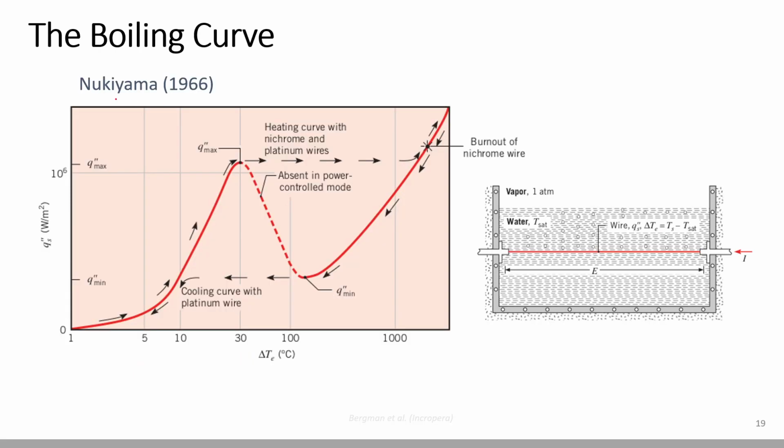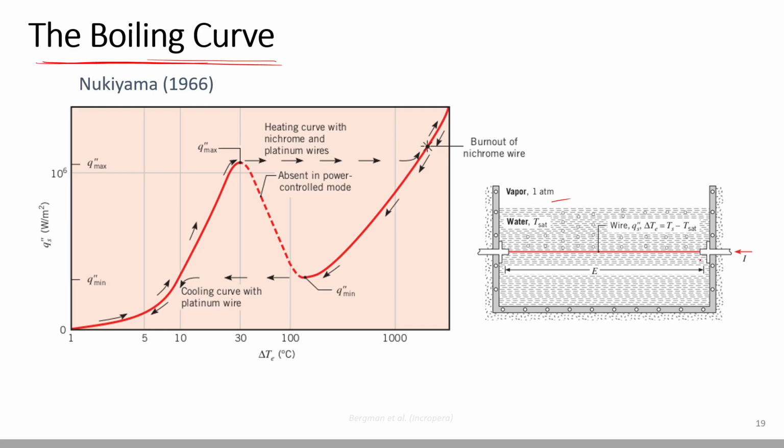So this boiling curve is an important curve that can help us understand the phenomenon of boiling. It was illustrated by Nukiyama, whereby he had a vessel in which water was kept at 1 atmospheric pressure, and there was an electrically heated wire.